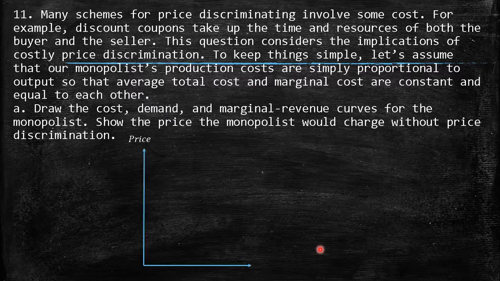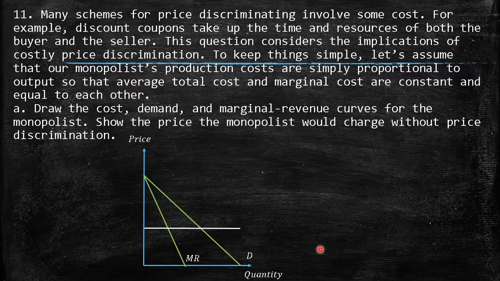So here is the idea. Here we have the price and quantities. Here we have, as usual, the demand, downward sloping. Here we have the marginal revenue, and here we have the marginal cost, which is actually equal to average cost, which is constant. Okay. Then the idea here is the next.